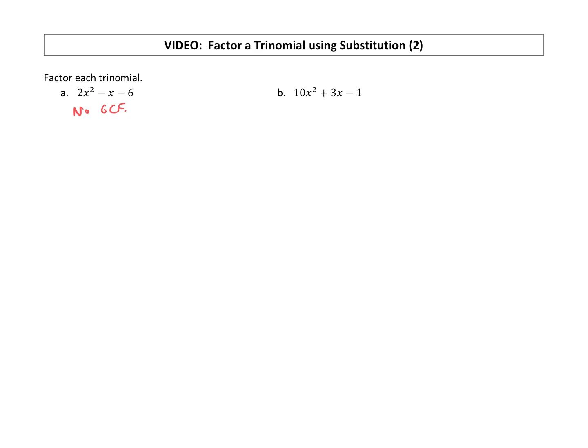Okay, so when we use the substitution method, we're going to factor the whole trinomial by a. Our a value is equal to 2. So we're going to take 2 times 2x squared minus x minus 6. When we multiply that, we're going to have a 2 times a 2x squared. So a 2 times 2 and an x times x.